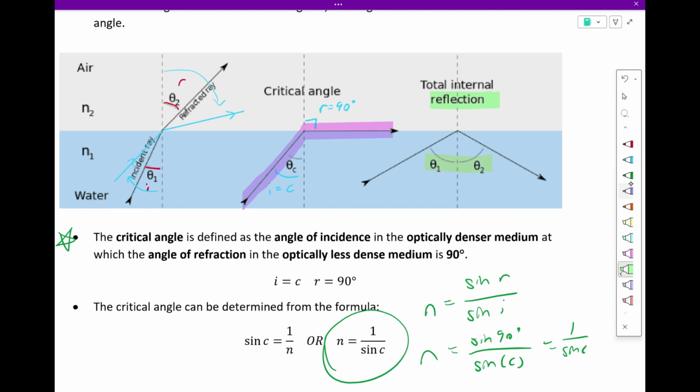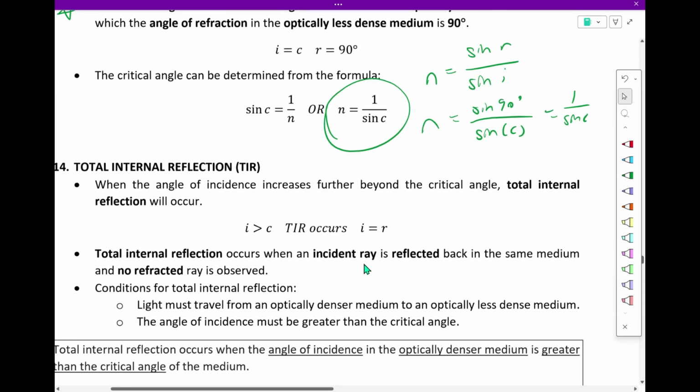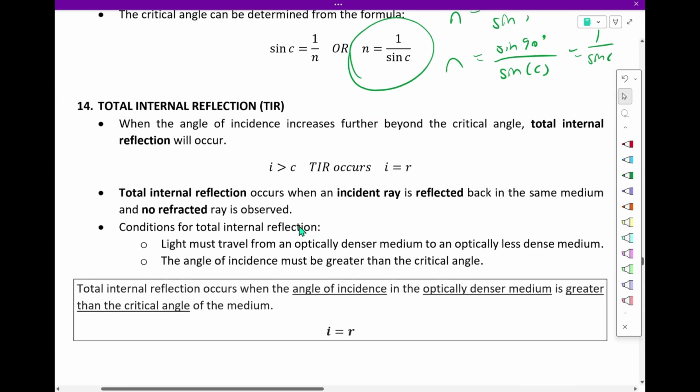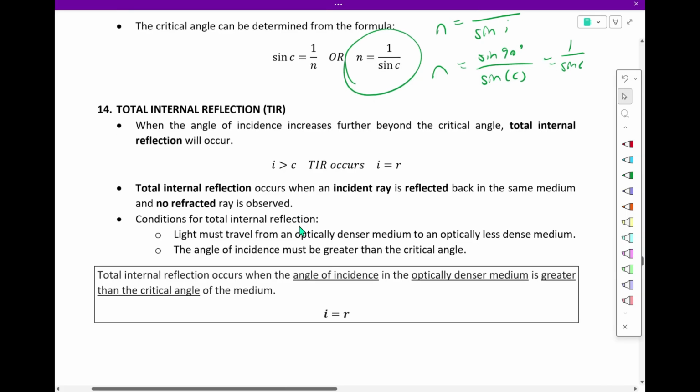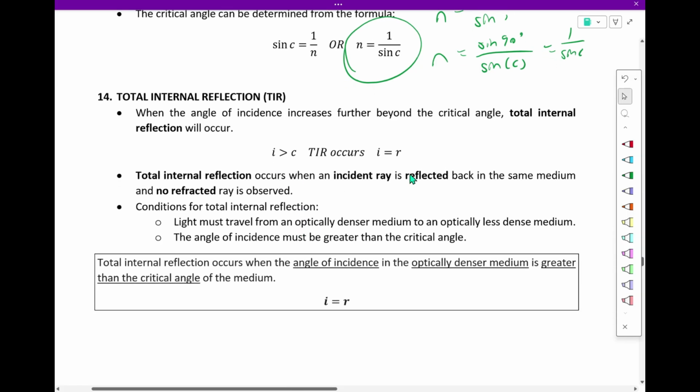So what is the law of reflection? Your angle i is equal to r. And in this case, i is greater than c. So this is what we mean by total internal reflection, which means all the light will be reflected into the medium itself, and there is no refraction that occurs.